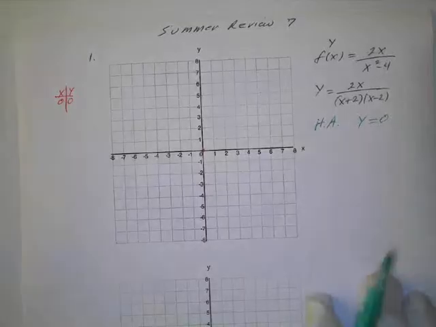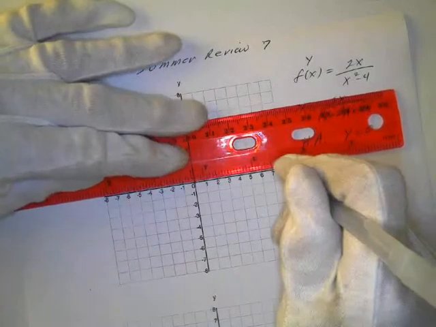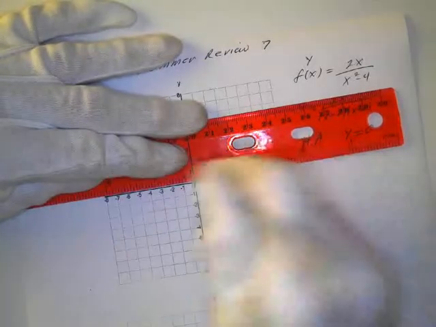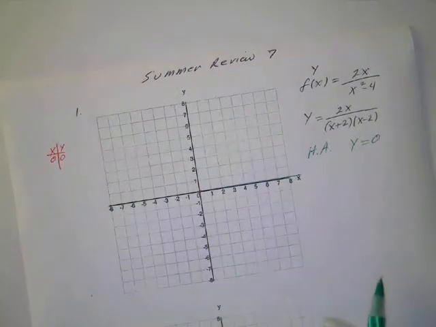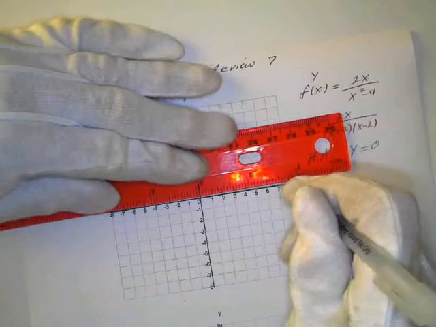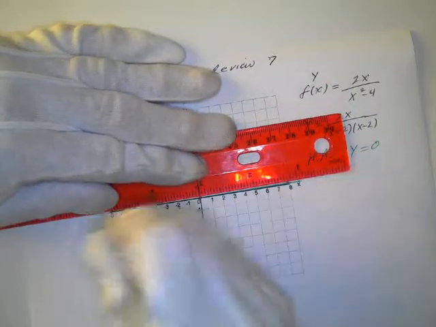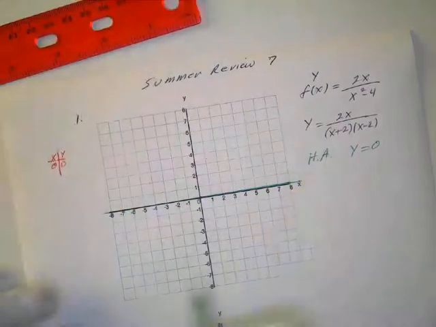That's my horizontal asymptote, y equals 0, which is the x-axis.